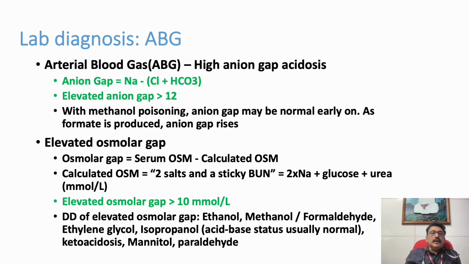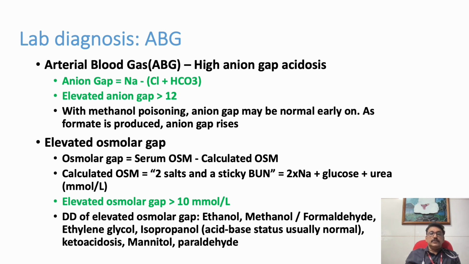Now, after anion gap, one more method is there to find out whether this is due to alcohol itself, that is osmolar gap. You can calculate the osmolar gap by 2 times sodium plus glucose plus urea. That will give the osmolar gap. If the osmolar gap is more than 10, that indicates it's mostly due to ethanol, methanol, formaldehyde, ethylene glycol, isopropanol, like that, or mannitol, paraldehyde.